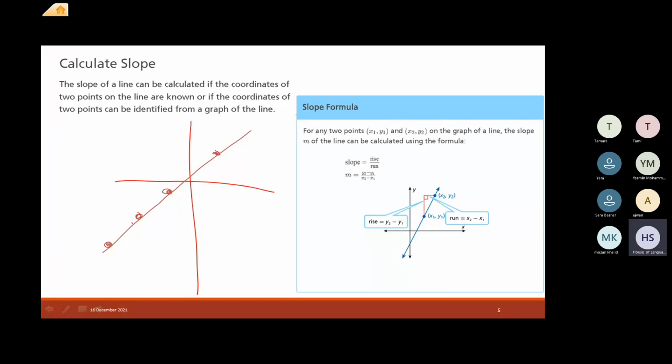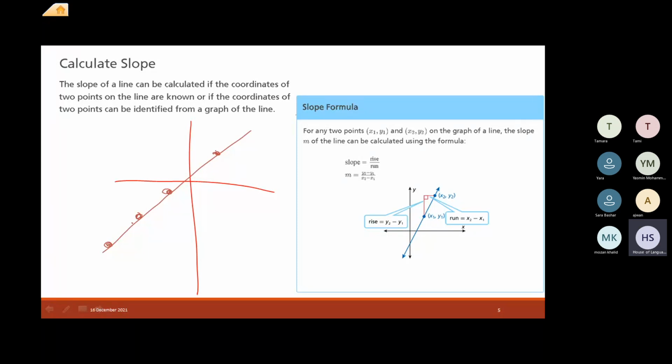This is later we talk about it. So to find the slope, how many points do I need? 2 points only. Not at least 2. I need only 2 points.